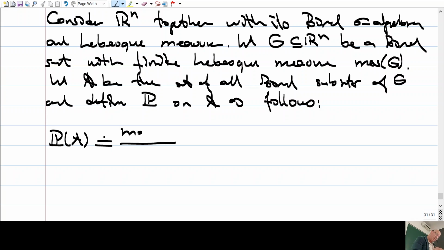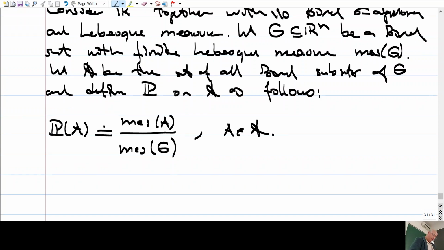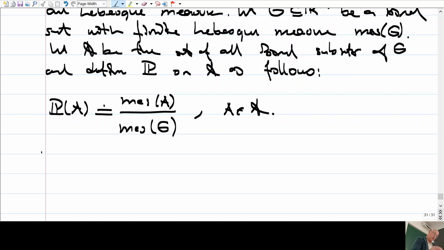We take its Lebesgue measure and divide it by the Lebesgue measure of the whole set G, for any A of the algebra, for any event in the algebra.